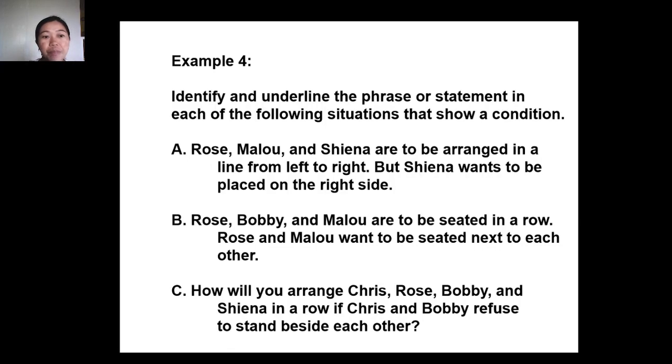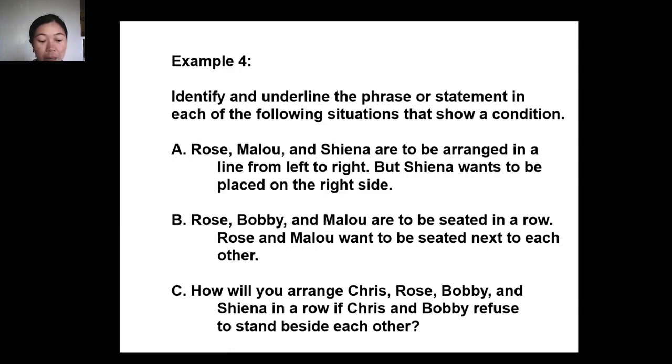For letter A, Rose, Malu, and Sheena are to be arranged in a line from left to right. But Sheena wants to be placed on the right side. So, alin statement sa situation A yung nagpapakita o nagsasabi ng condition?